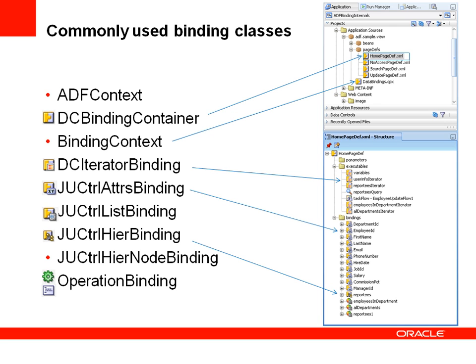So let's have a look. Here we do have a set of classes that are really typical to work with. These are the most commonly used classes. One class that doesn't have representation in the view layer project is the ADF context object. The ADF context object represents the live instance of the adf-config.xml file that you find in the .adf META-INF directory of your application on the file system.